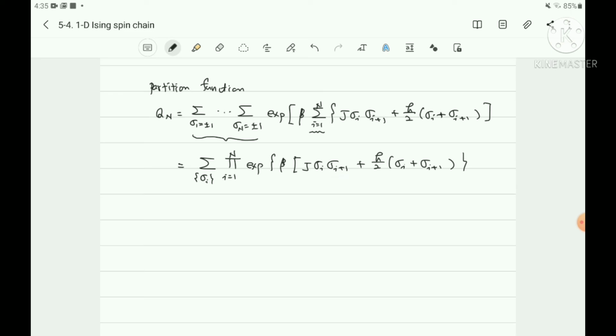Therefore, in order to have the real eigenvalues, we need to diagonalize this partition function. Therefore, we should introduce the 2x2 transfer matrix.